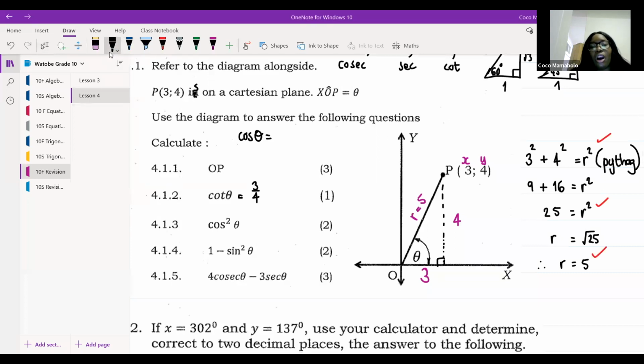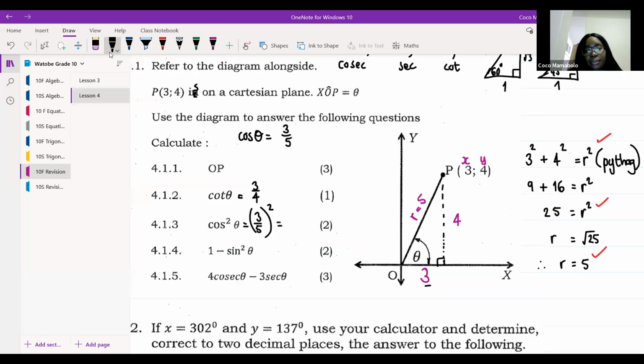Okay, my cos is going to be my x value. What is my x value? 3 over... Yes. What is my r value? 5. Good, it's 5. Okay, so cos of theta is 3 over 5. But what we want is cos squared. So we need to go 3 over 5 all squared. So what's that going to give me?